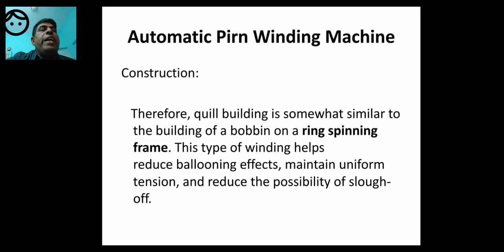This type of winding helps reduce ballooning effects, maintain uniform tension, and reduce the possibility of slough off.